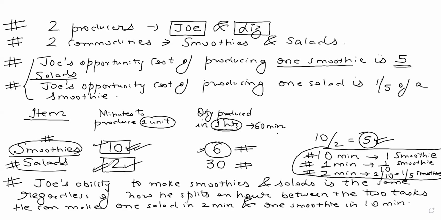That means if he goes to produce one smoothie, he sacrifices 5 salads he could have produced in the same 10 minutes. And on the other hand, Joe's opportunity cost of producing salads is 1/5 of a smoothie. Because in 10 minutes he can produce one smoothie, in 1 minute he can produce 1/10 of a smoothie. If he goes to make salads, he can make a salad in 2 minutes. If he uses these 2 minutes to make a smoothie, he can only make 1/5 of a smoothie.